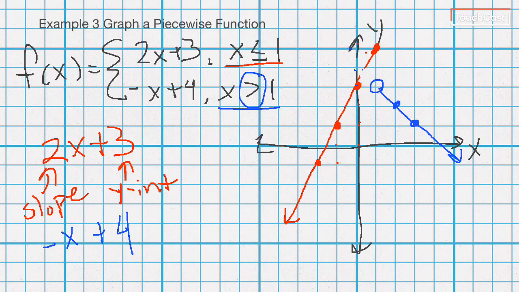With our red line, we have the line underneath the inequality symbol, so we want to keep our dot there. If there was no line there, we would erase the dot and replace it with a circle. We've erased the parts we don't need for this function, so we are now done graphing this piecewise function. Pretty neat.